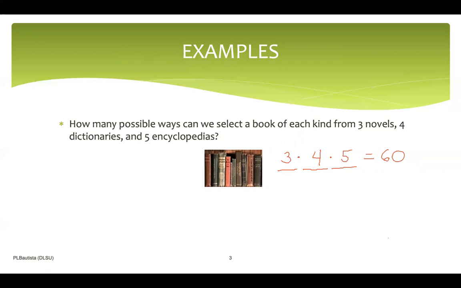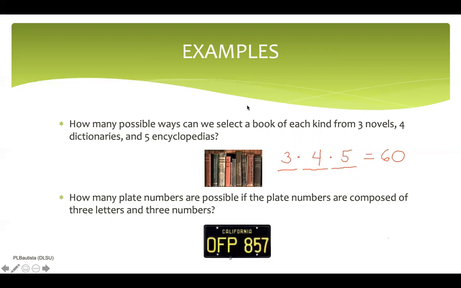Another example: how many plate numbers are possible if plate numbers are composed of 3 letters and 3 numbers? Assuming there are no restrictions, we now draw blanks, 3 blanks for the letters and 3 blanks for the numbers.